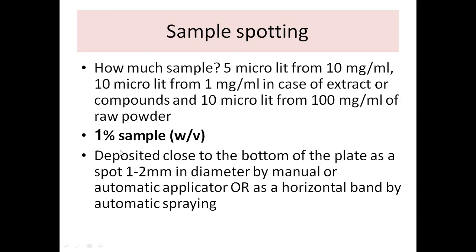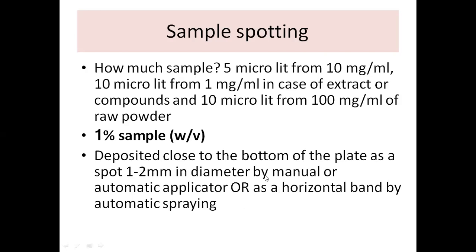In the usual case, people prepare 1% of the sample, that is weight by volume, 1 gram per 100 ml of that sample, that is called a 1% sample. And then, like in paper chromatography, here also the spot is applied towards one edge of the plate.